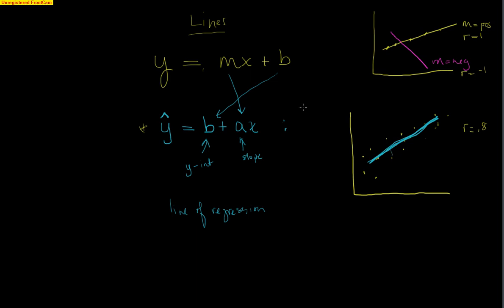Some line that minimizes the overall distance of these points from it, okay? And that's what we call the line of regression. That line of regression will have an equation. It doesn't mean every point is on it. It just is representative of the closest relationship between your explanatory variable and your response variable. And that equation will come out as y with a hat over it equals b plus ax.